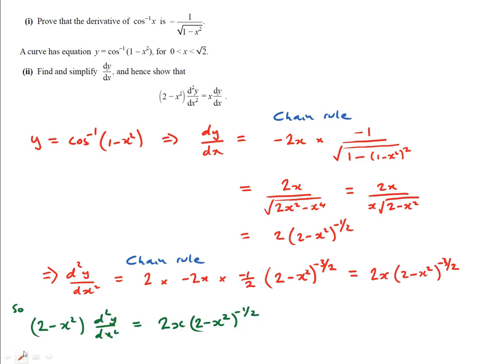So we've got 2 minus x squared times d2y dx squared is going to be equal to 2x times by 2 minus x squared to the minus a half. And that's the same thing as x times by 2 lots of 2 minus x squared to the minus a half, but we know that 2 lots of 2 minus x squared to the minus a half is dy by dx. So we've got the required result there.